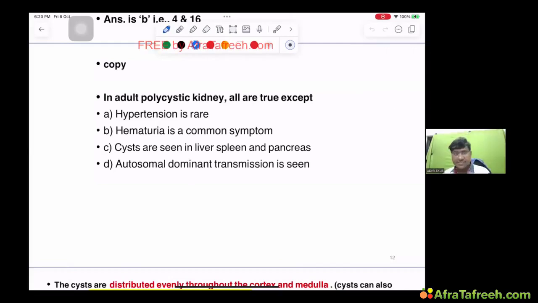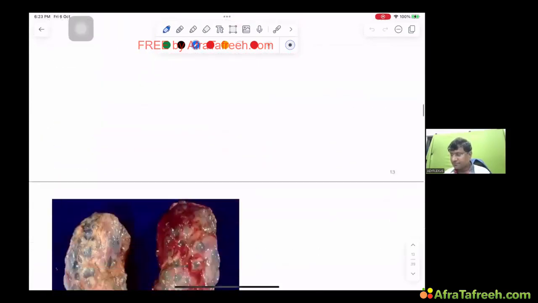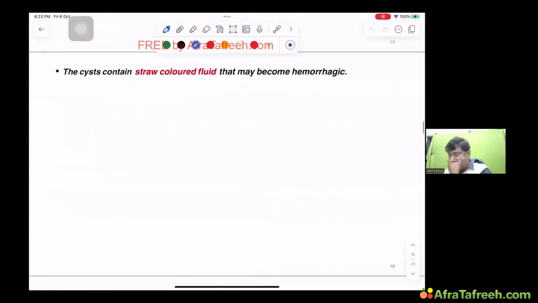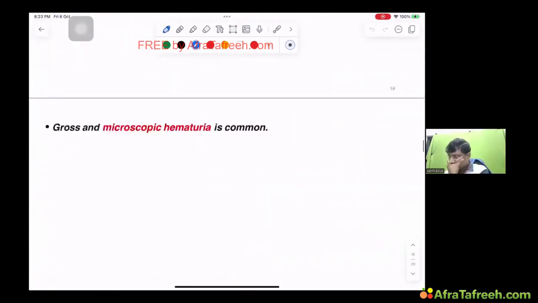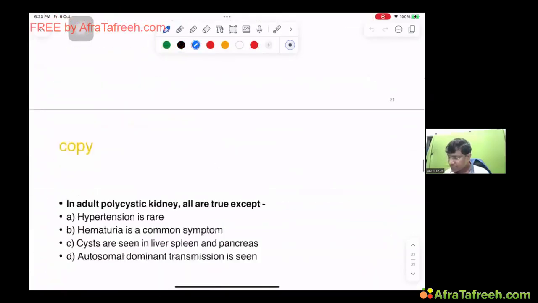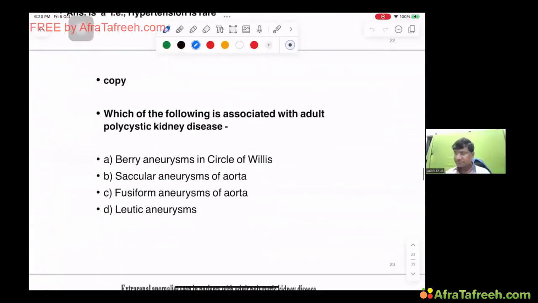The answer is A. Associated with adult polycystic kidney disease: that is Berry aneurysms of the circle of Willis. The answer is A.